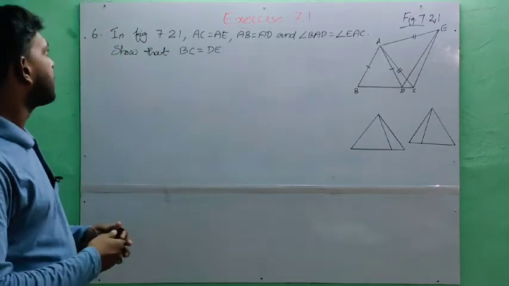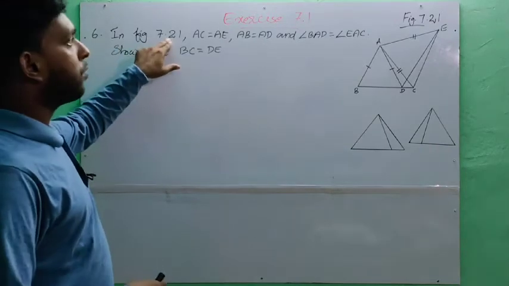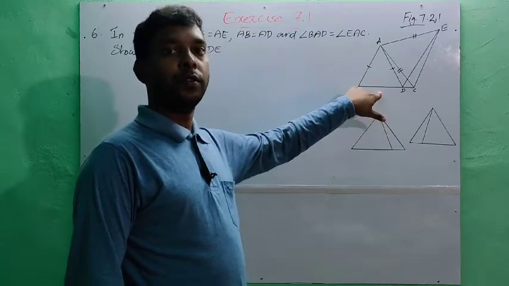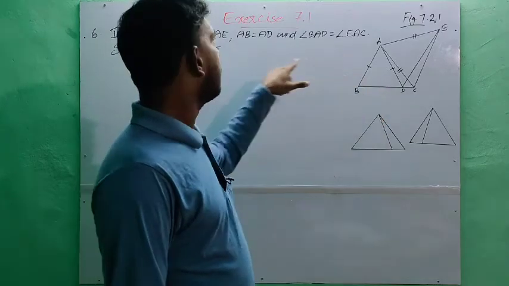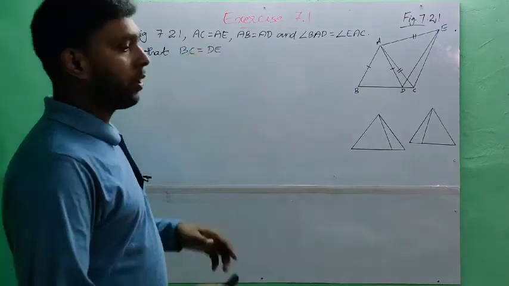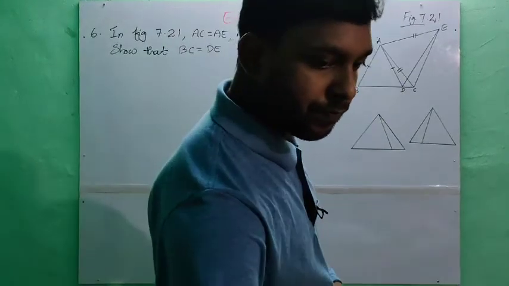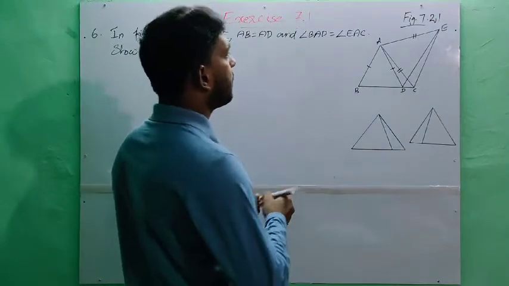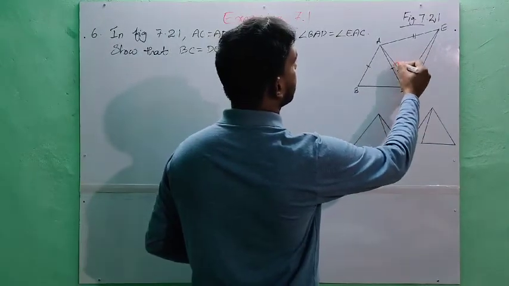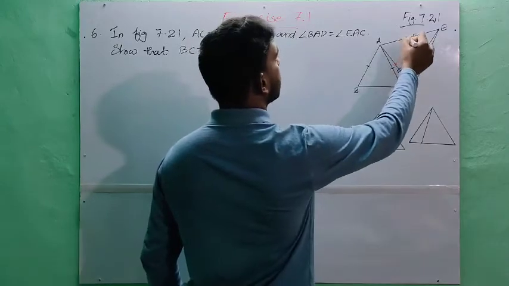The question reads, in figure 7.21, there is a figure we have drawn here which is already there in your textbook, and in figure 7.21, AC is equal to AE.